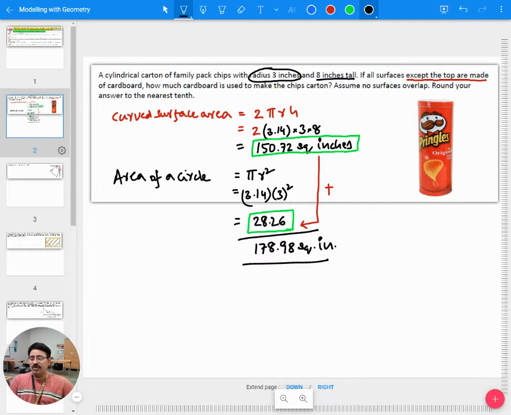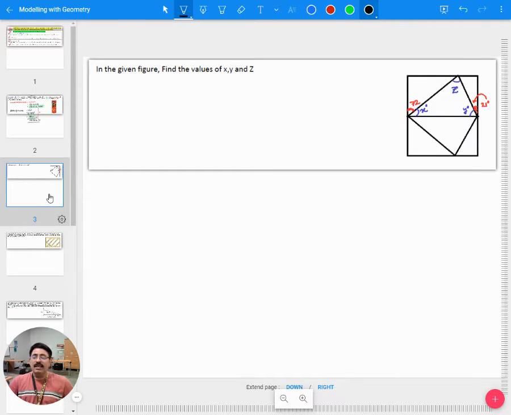Okay, so really quick, let me jump to the next question. In the given figure, find the value of x, y, and z. You know, when the angle is in the shape of L, that is equal to 90 degrees. Agreed?